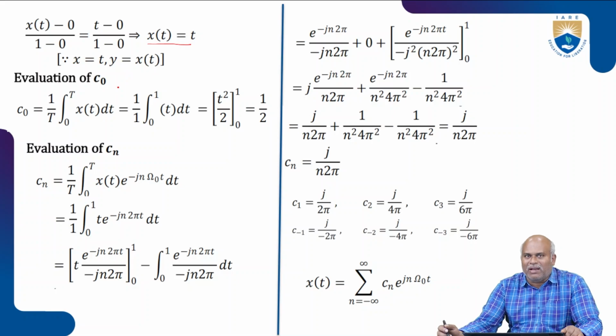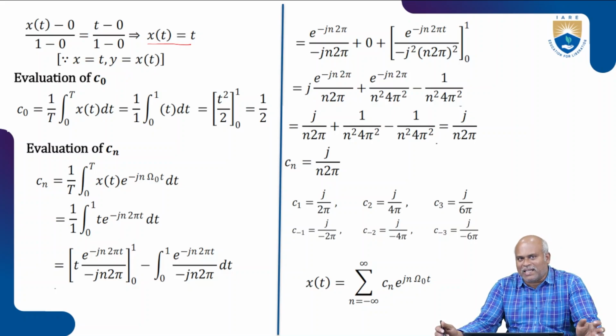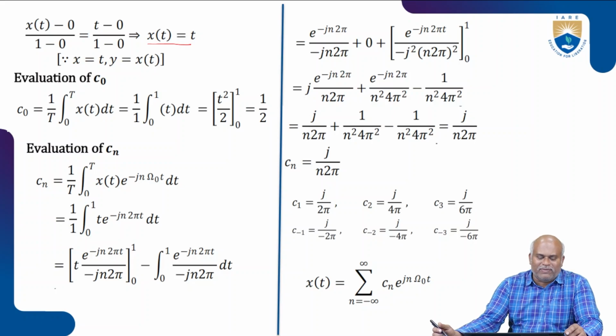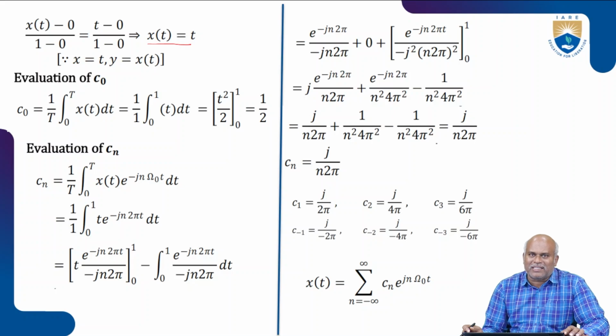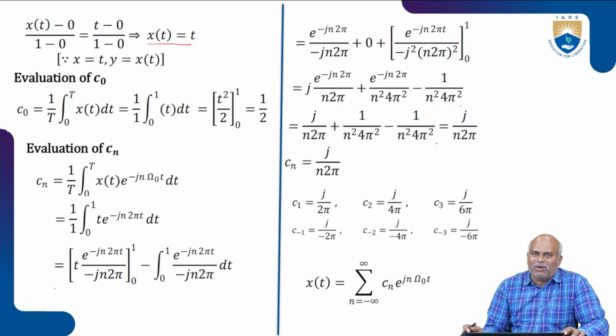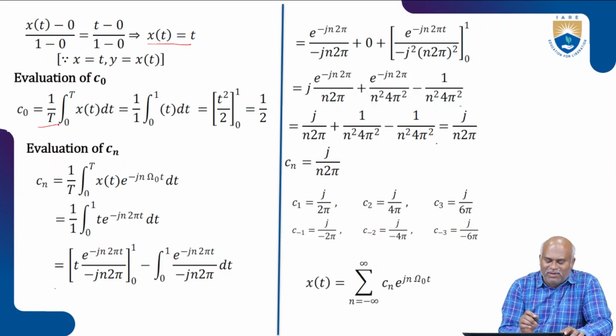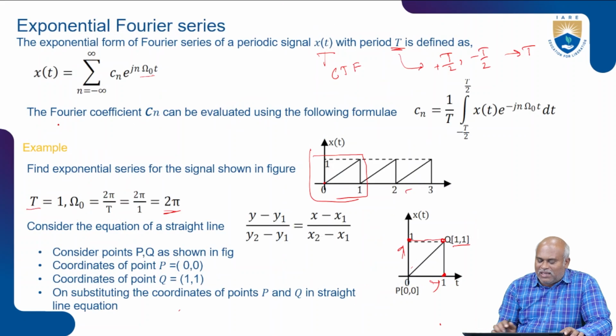Now we need to evaluate C0, that is the initial coefficient of the exponential Fourier series. We know the formula: C0 is equal to 1 by T integration of 0 to T x of t dt, which is 1 by 1. The T we found from the signal, T equal to 1.